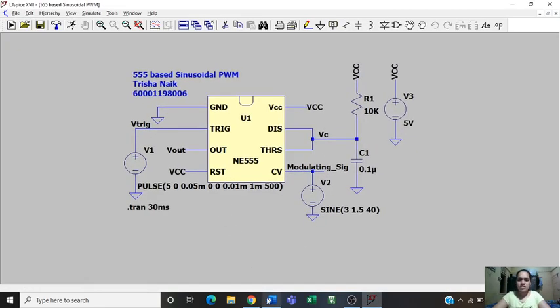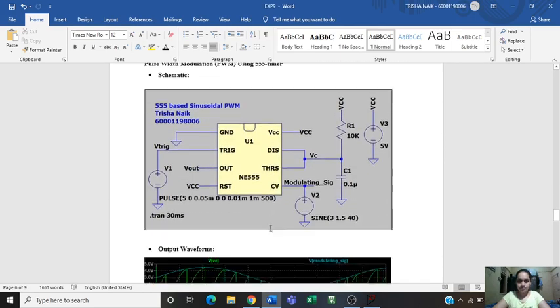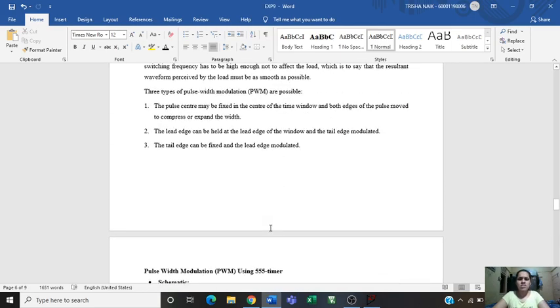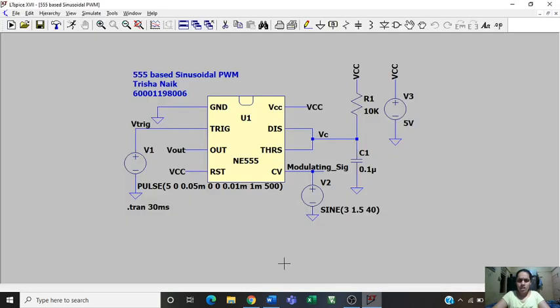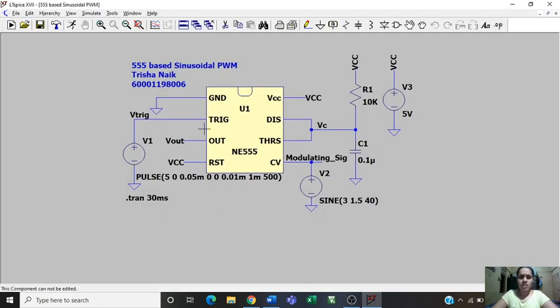So this is the circuit for a PWM using the 555 timer IC. For the reset, I've given a high or VCC. Out, you get V out from this pin. I've given a trigger input to the trig pin. Ground is connected to ground.